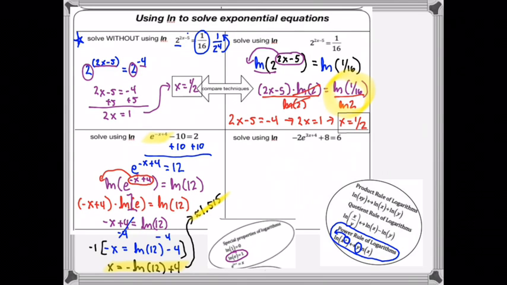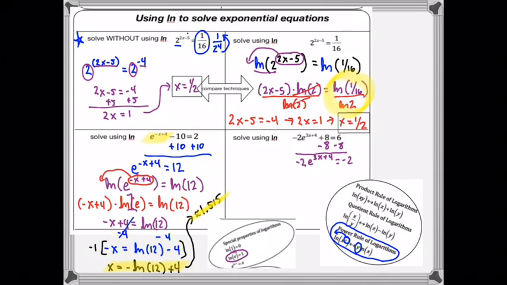Some of these problems are going to need a little bit more setting up than others. To do the next one, we need to start moving things away from that exponential term to get it all by itself so we can take the natural log. So here we go. Let's subtract 8. I get negative 2e to the 3x plus 4 power equals negative 2.